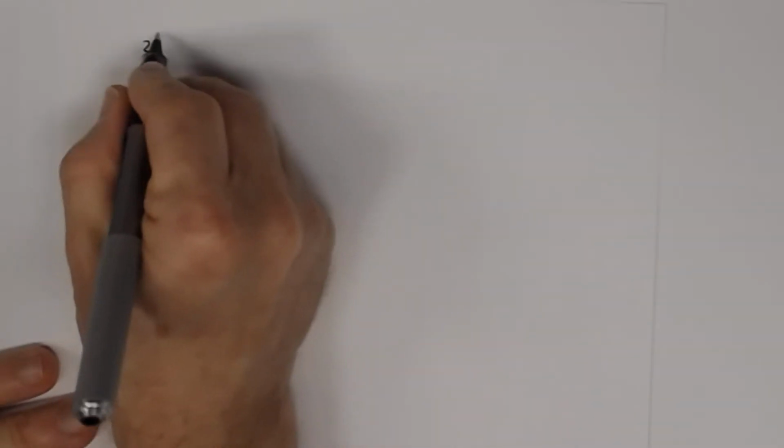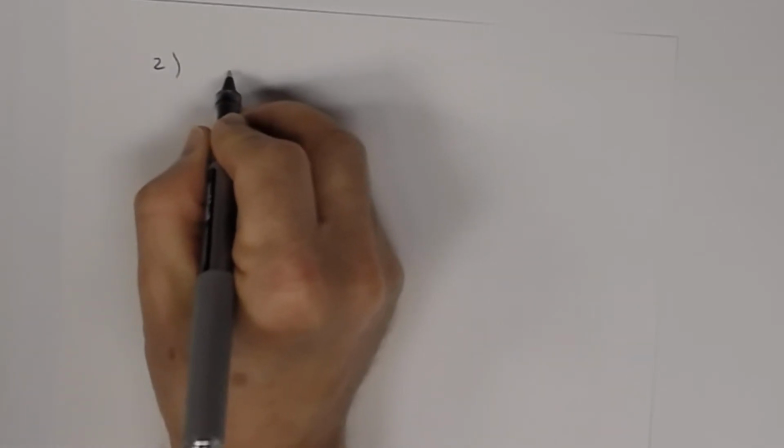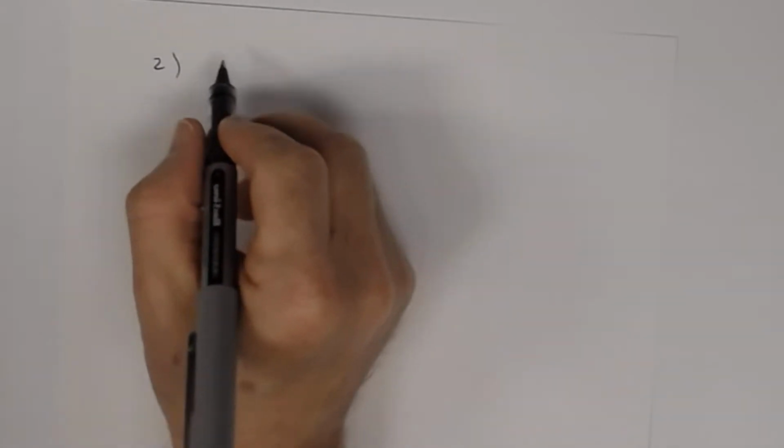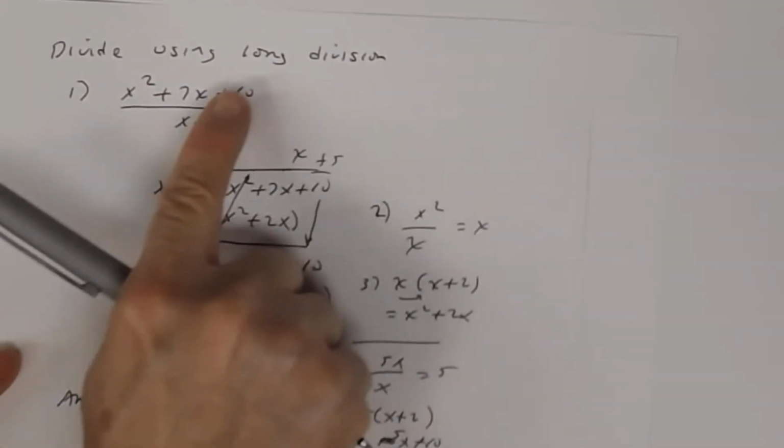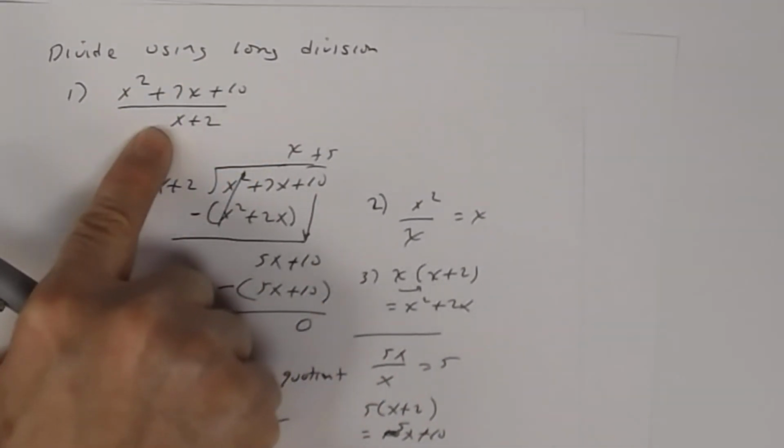Number 2, let's suppose we had this one. Now sometimes the directions may say, you see how the directions said divide using long division, and look like this. Okay, the directions could also say this.